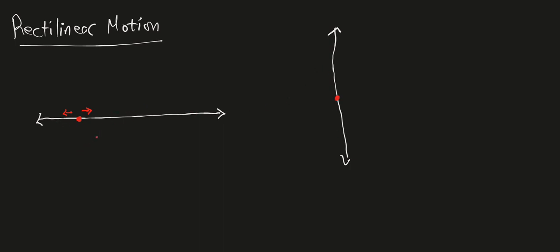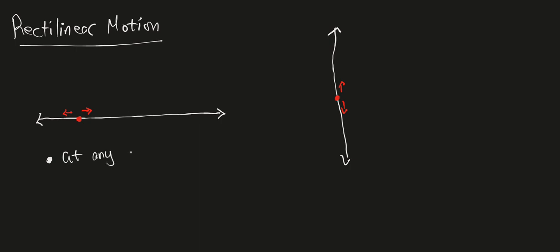We're not even referring to sloped lines, no, either vertical or horizontal. All right, and then we have a single object that's moving either left or right or up and down, right? Now in this sort of motion, there are a few fundamental questions that we would like to be able to answer, right? So here are some of those questions.